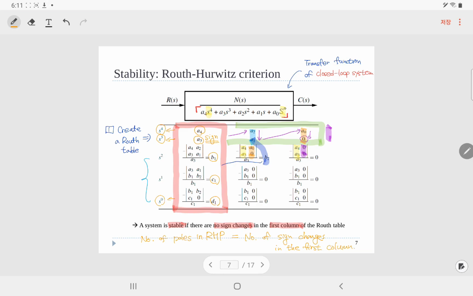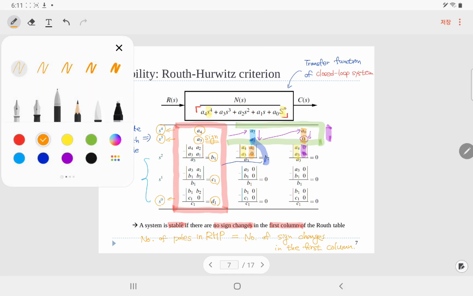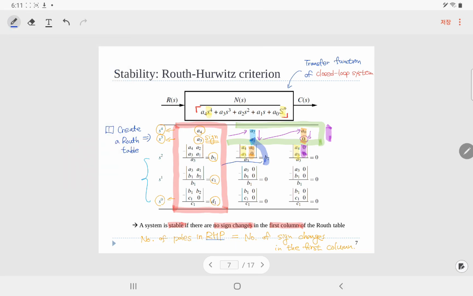This means that if there are 2 sign changes, for example, then the number of poles in the right half plane equals 2. So in this case, in the complex plane, the unstable poles are located in the right half plane, and there are 2 unstable poles.